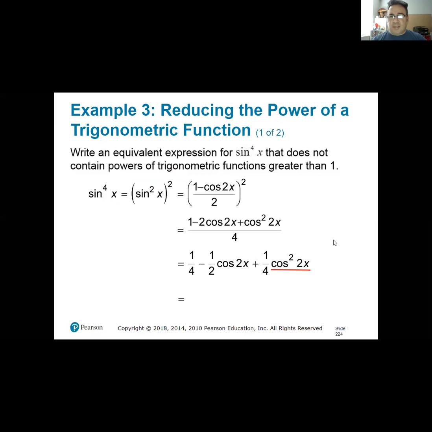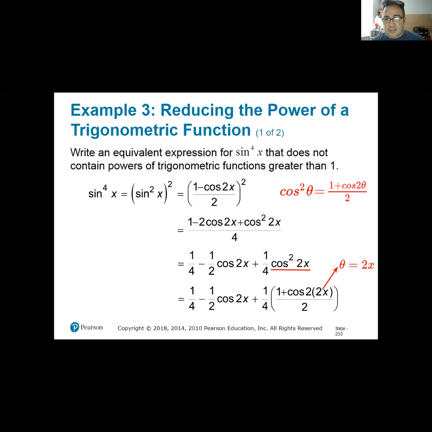Well, I remember cosine squared of theta was 1 plus cosine 2 theta over 2. Very good. So I'm going to take that and substitute it in here. Now remember, when I substitute it in here, my theta happens to be a 2x. So I'm going to have cosine of 2 times theta, but my theta happens to be a 2x. Everybody good with that?